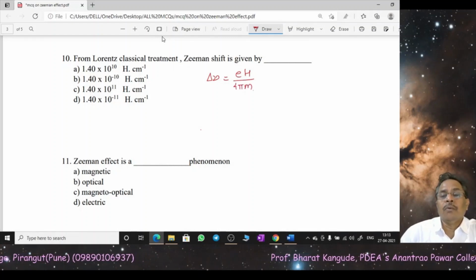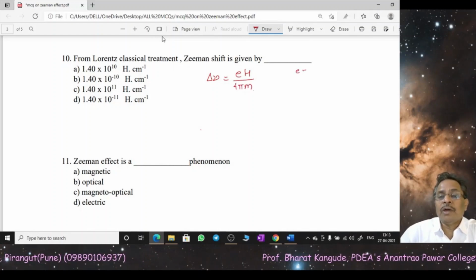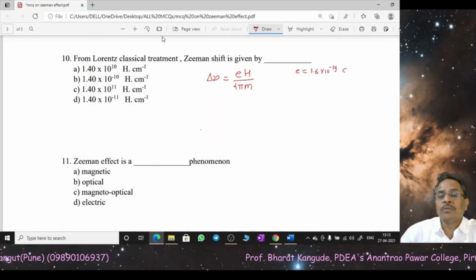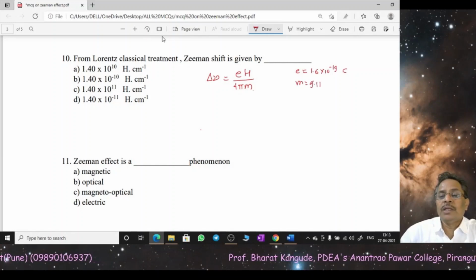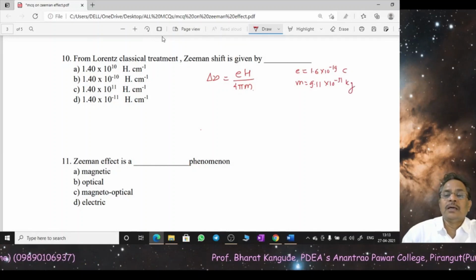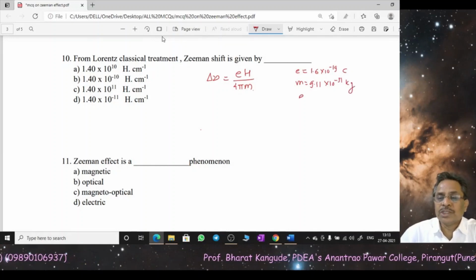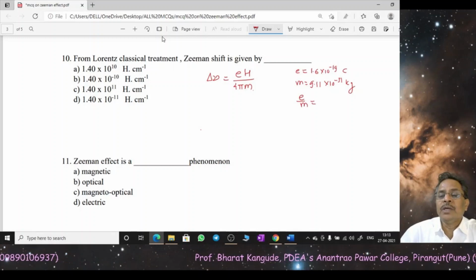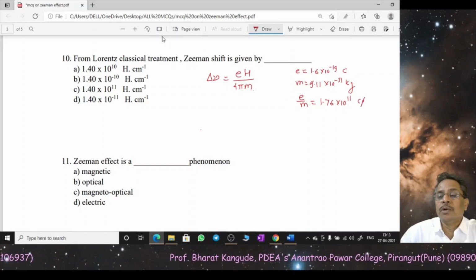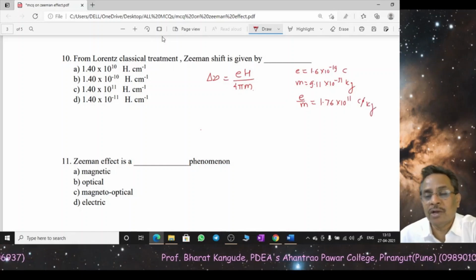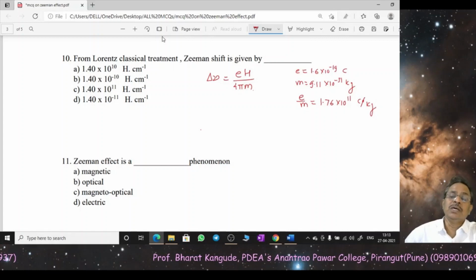Now either you have to know the value of e, which is 1.6 into 10 raised to minus 19 coulombs, and the value of m, which is 9.11 into 10 raised to minus 31 kilograms, or if someone knows the value of e by m directly, it is 1.76 into 10 raised to 11 coulombs per kg. This is the standard value of the charge to mass ratio of an electron that can be used here.